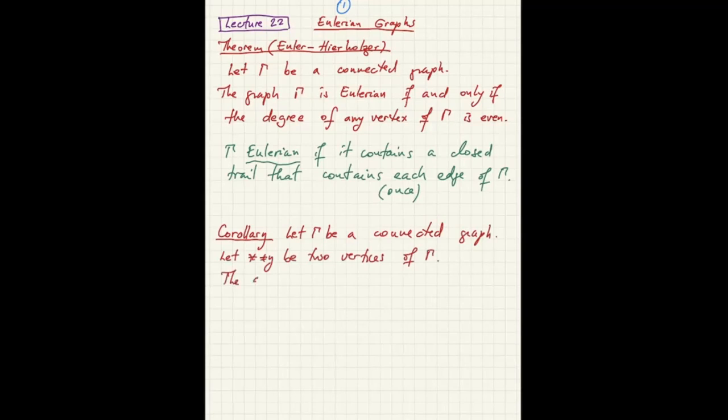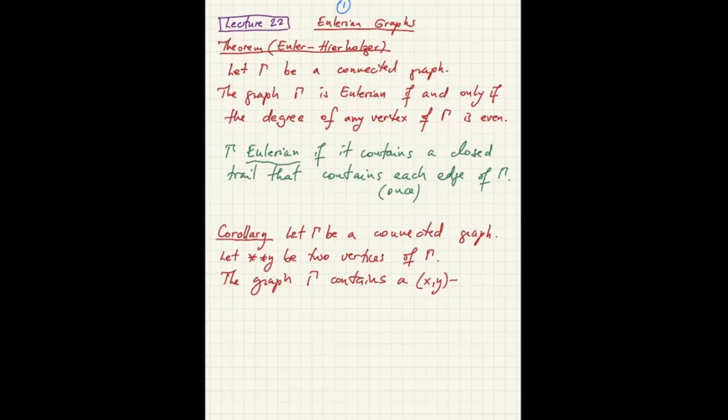And we can say that the graph gamma contains, let's call it an XY Eulerian trail, a trail that contains each edge. Yeah, it's better with Eulerian trail. I'll give the definition in a second.